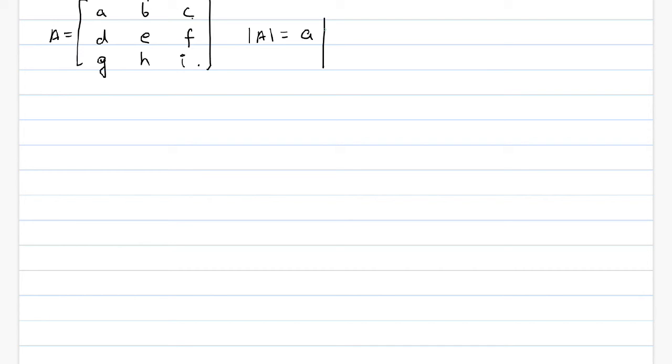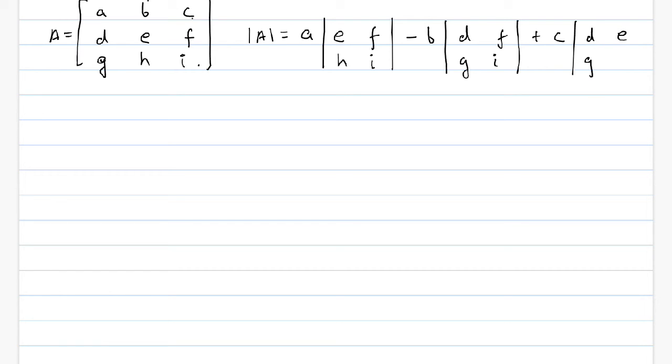The associative matrix for A was E, F, H, I. Then minus B and its associative matrix, D, F, G and I. Then plus C and the determinant of its associative matrix, D, E, G and H.